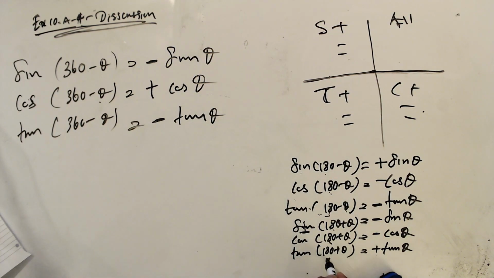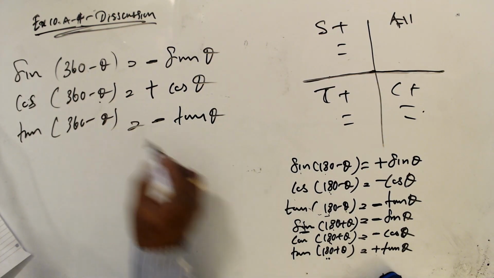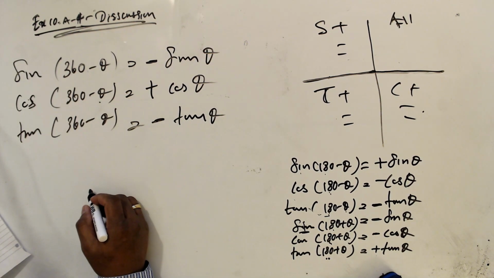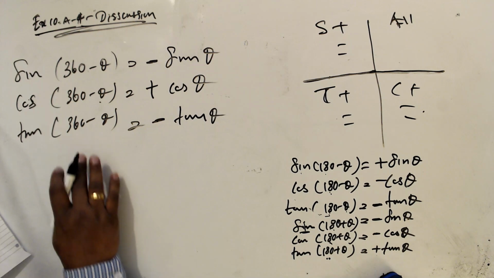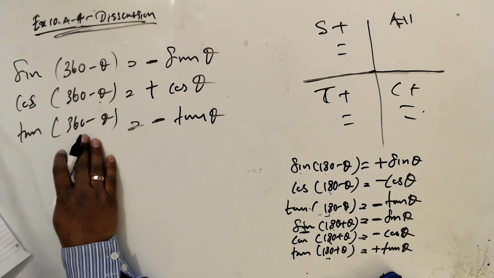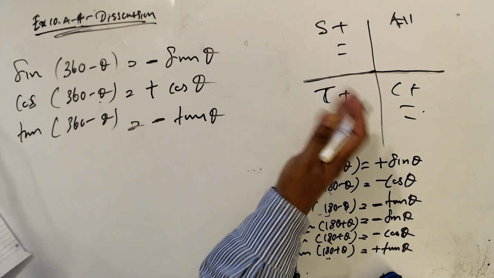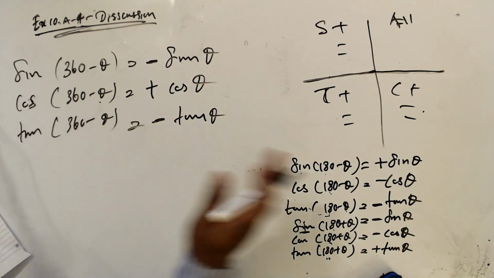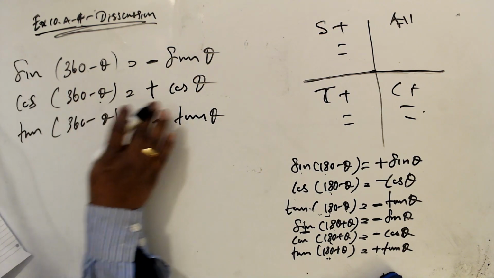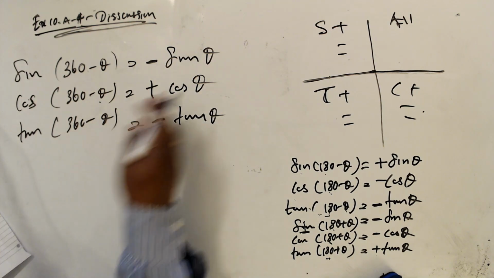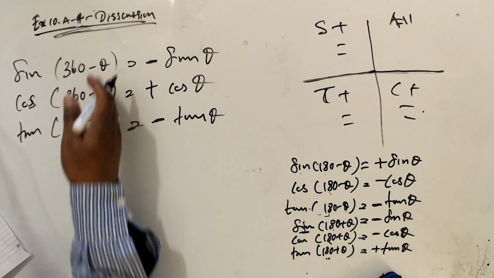So here it is 180 and here it is 360. It doesn't matter, only one thing you need to know. You want to check in which quadrant the angle is, and according to the CAST diagram you want to check what the sign is. Then you write the same ratio with the acute angle.